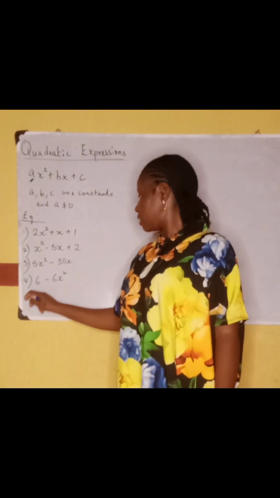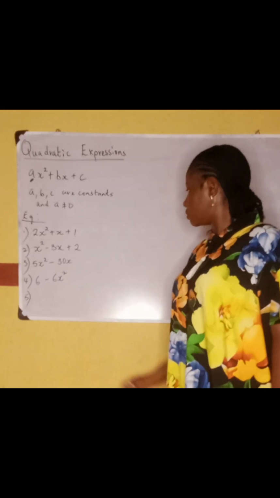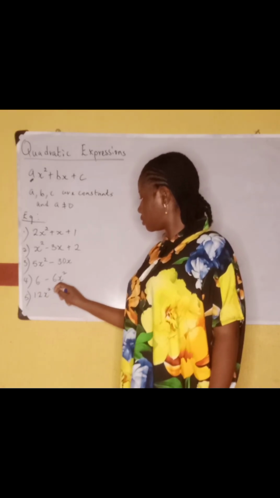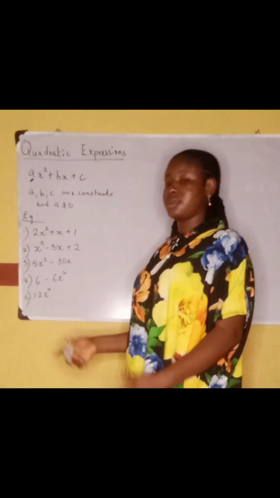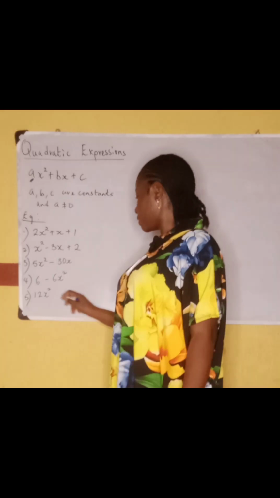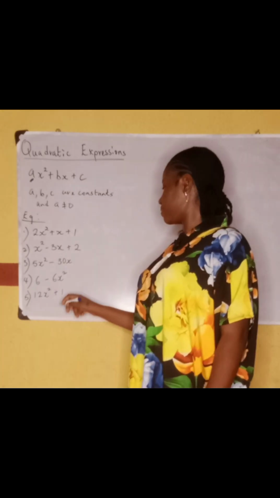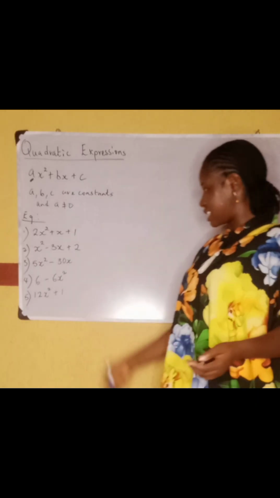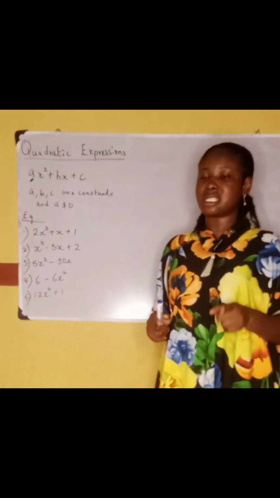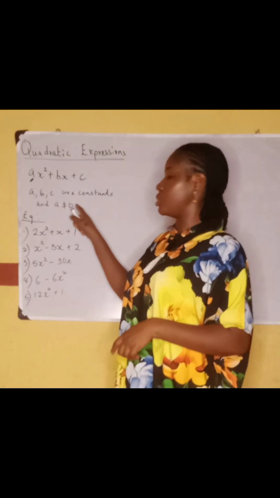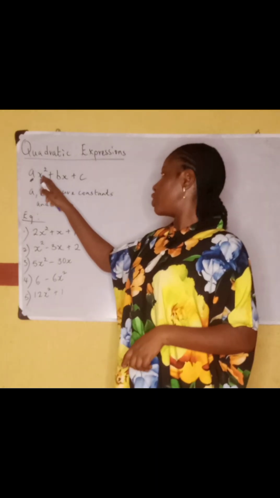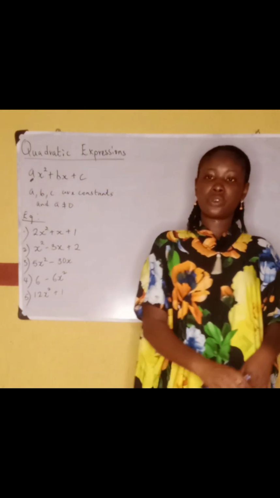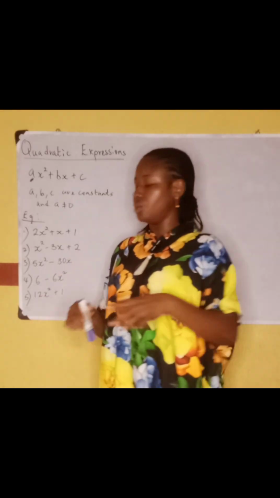It can even look like this. It can even be just this. Let me add something to it. Okay, these are all quadratic expressions. The most important thing is that a should not be 0. A is the coefficient of s squared, b is the coefficient of s, c is just the number standing alone.